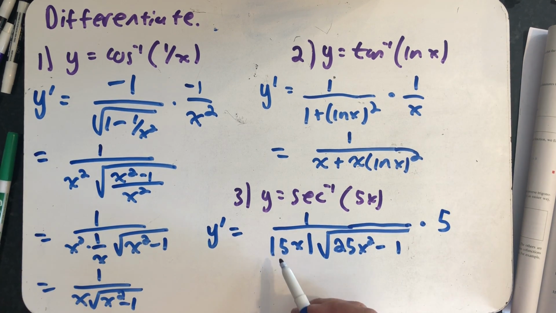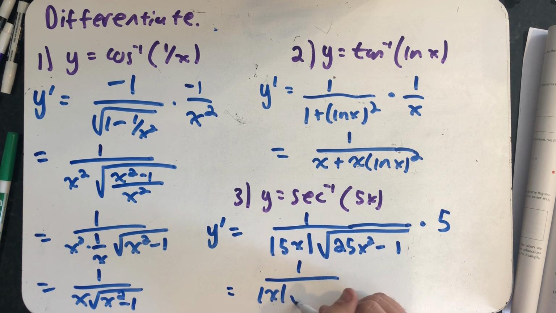And if I think about it, the absolute value of 5 is, well, 5. So I have a 5 on the top and a 5 on the bottom. So I can just rewrite that as the absolute value of x times the square root of 25x squared minus 1. And those are my 3 examples using the derivative rules for our inverse trig functions.